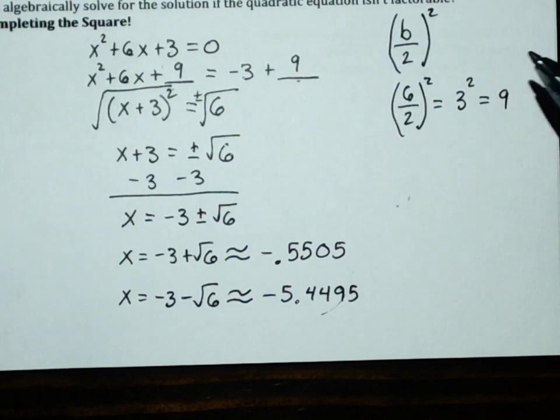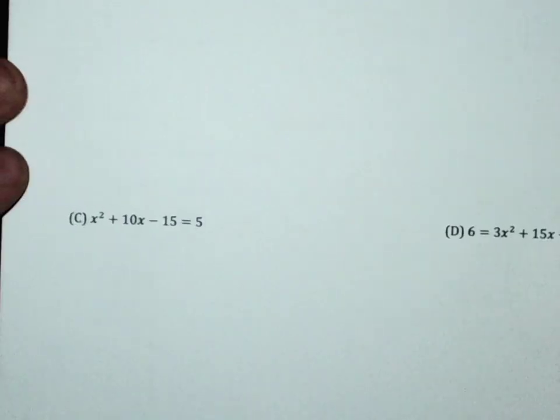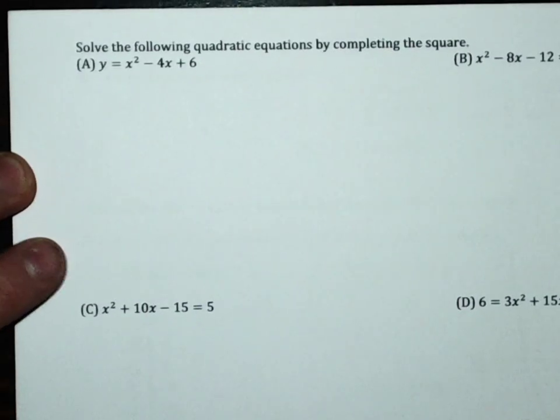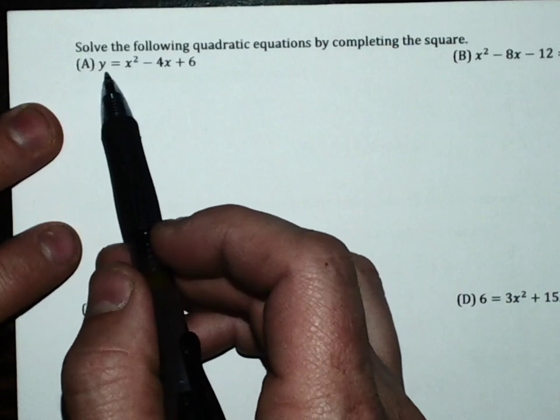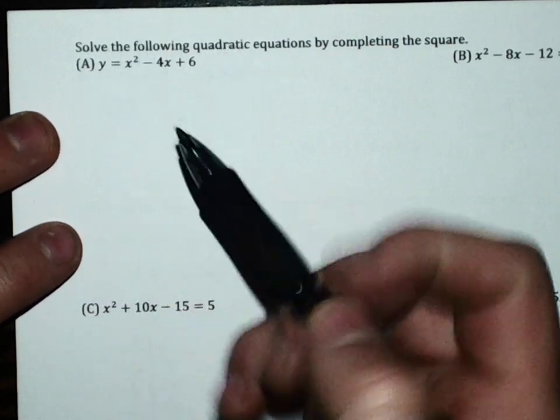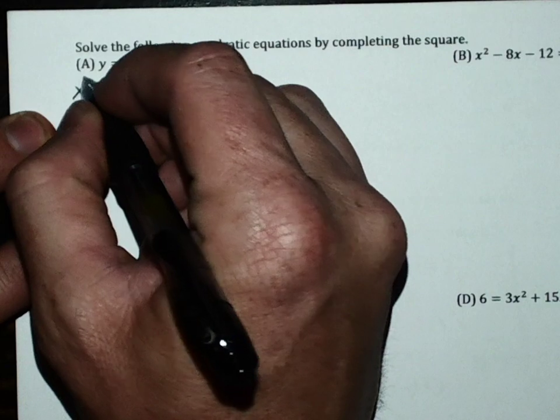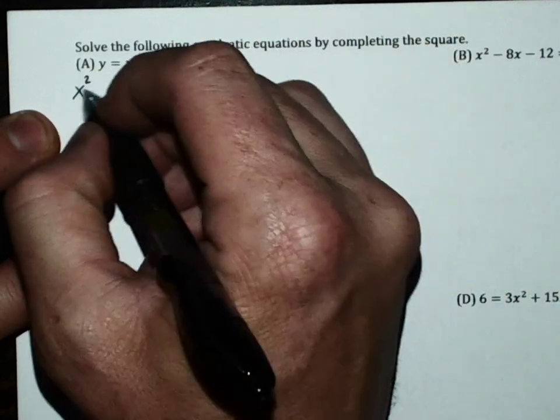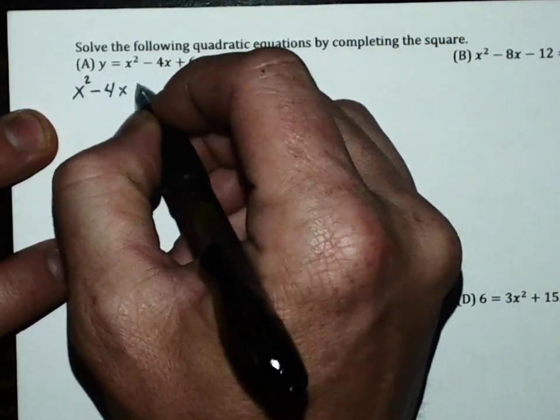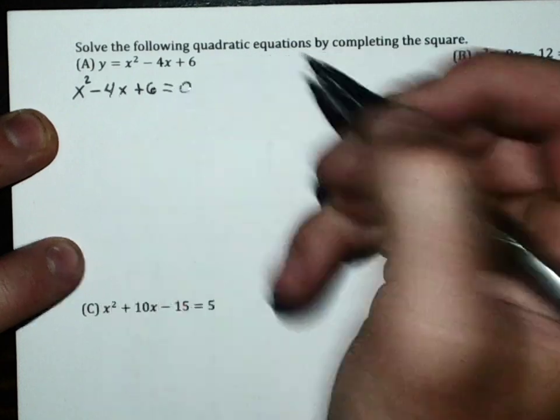So let's continue practicing this. Flip your paper to the other side, and we've got ourselves some practice problems. Replace y with 0. At the same time, I'm also going to flip it over. So I'm going to set the equation equal to 0. x squared minus 4x plus 6 equals 0.